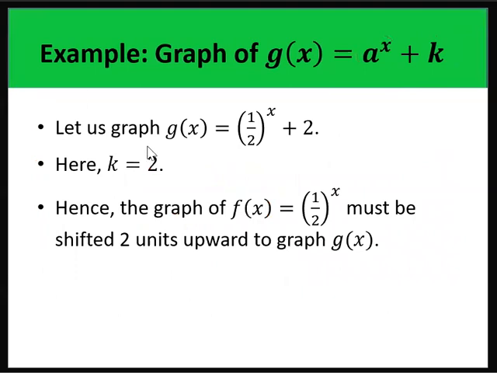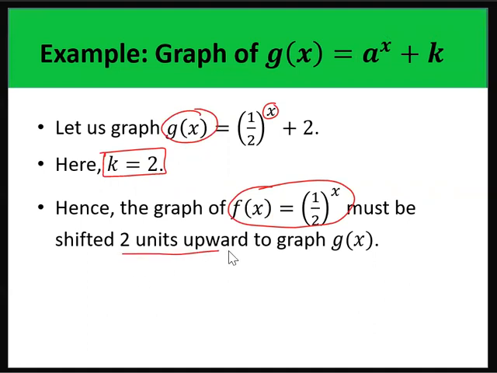Now, if we have the example g of x equals 1/2 raised to x plus 2, in this case, the value of k equals 2. So to graph this g of x, we have to shift the graph of f of x equals 1/2 raised to x by 2 units upward.